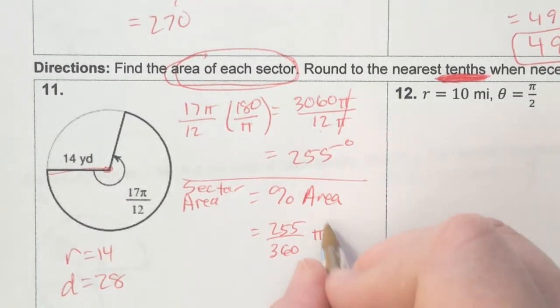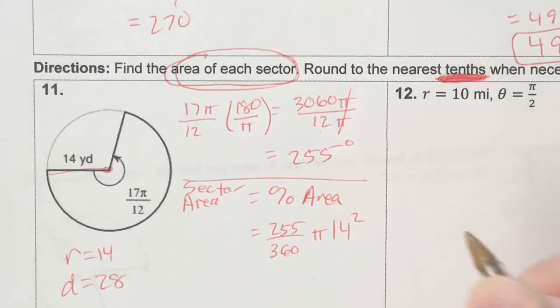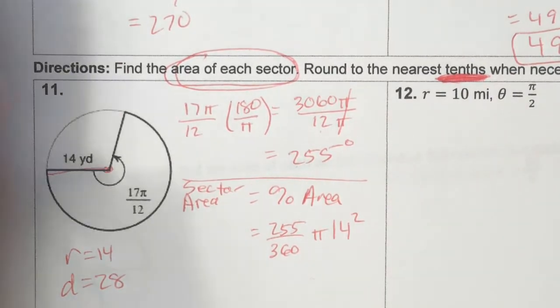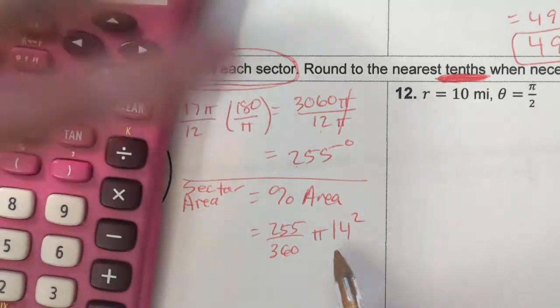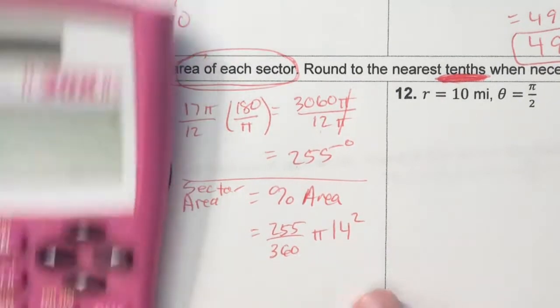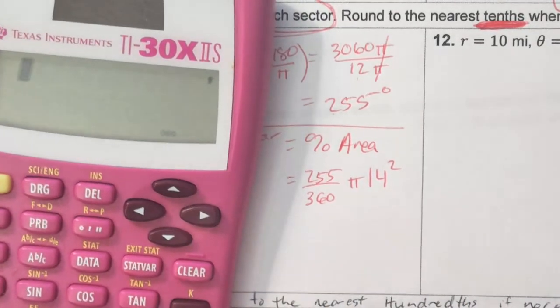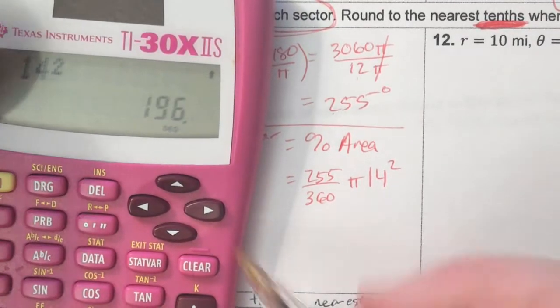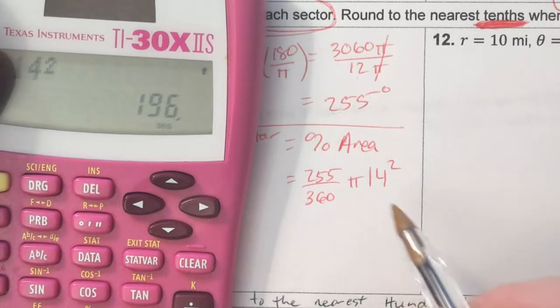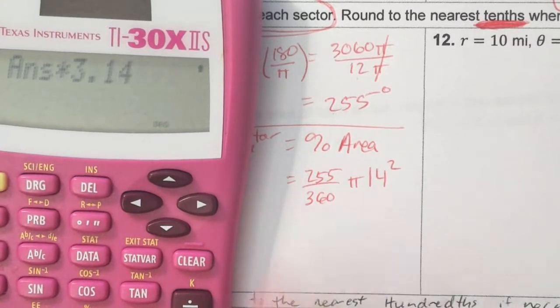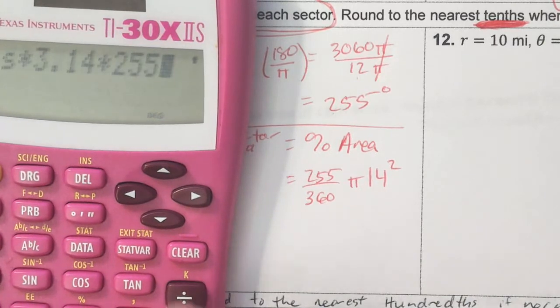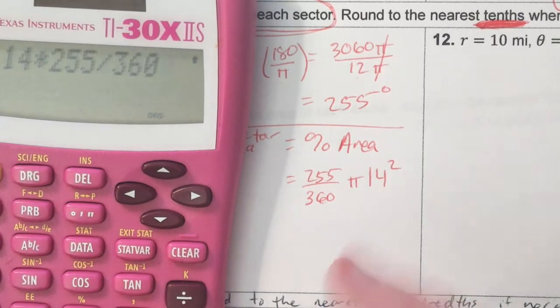So pi 14 squared. So we want to travel backwards, so we want to get rid of the square first. So 14 squared is really 196, by the way. So times 3.14 times 255 divided by 360.